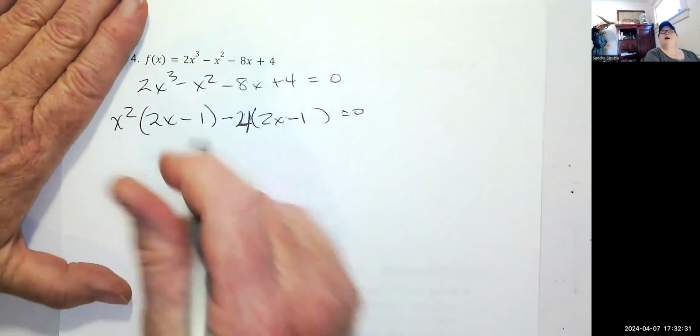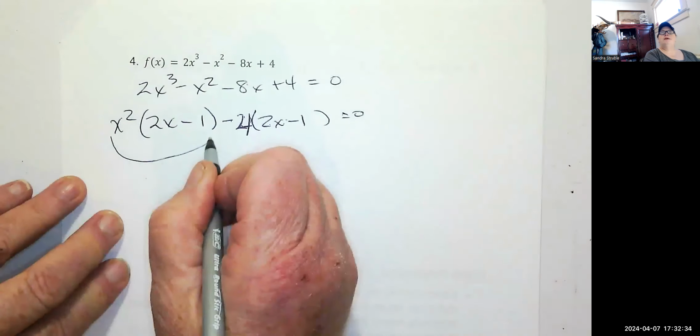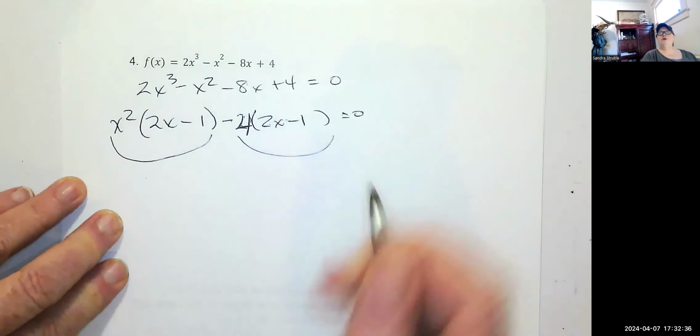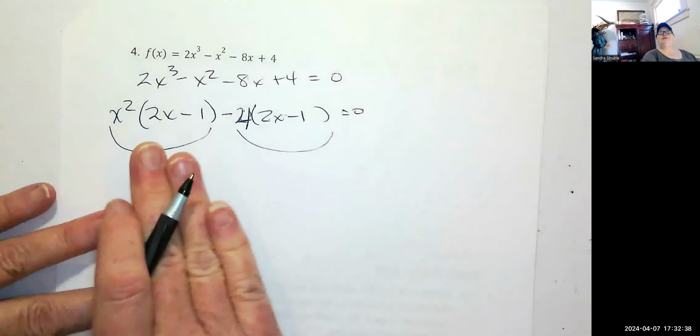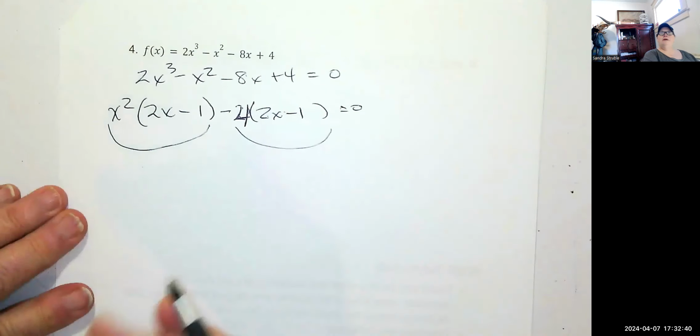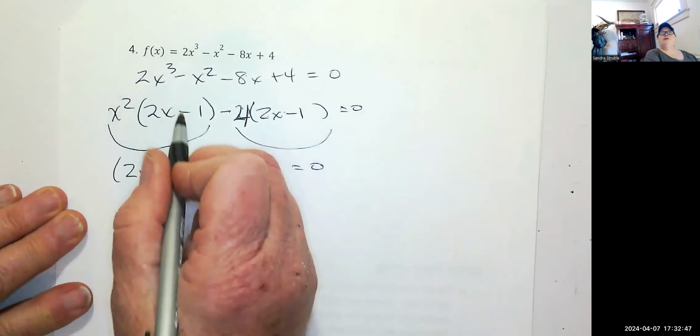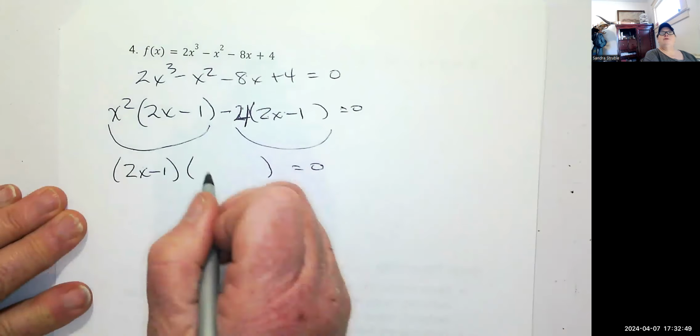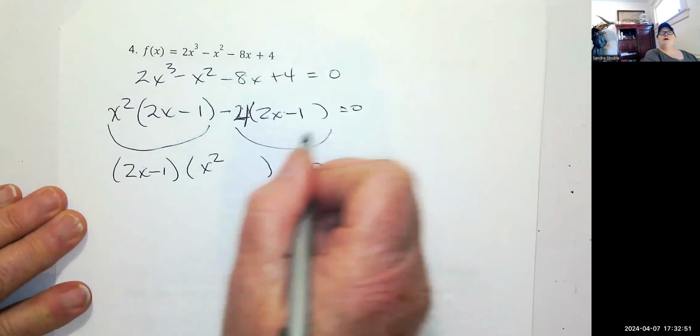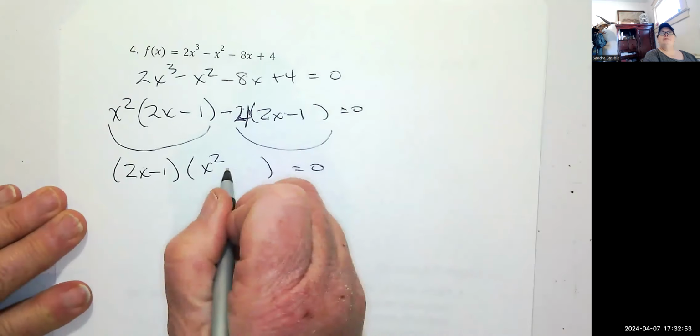All right, now we have to look at it this way. We've got a term here, and we've got a term here. What do these 2 terms have in common? They've got the 2x minus 1. And when we factor out 2x minus 1 from this term, we're left with x squared. And when we factor out 2x minus 1 from this term, we're left with -4.